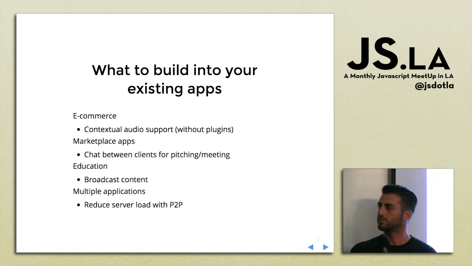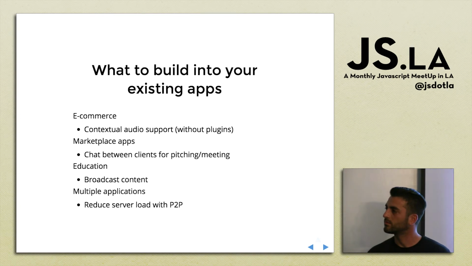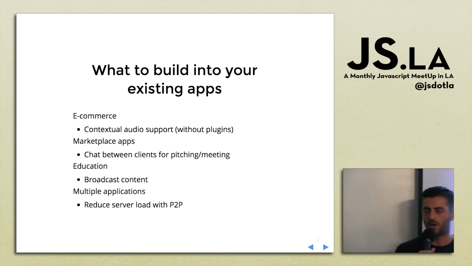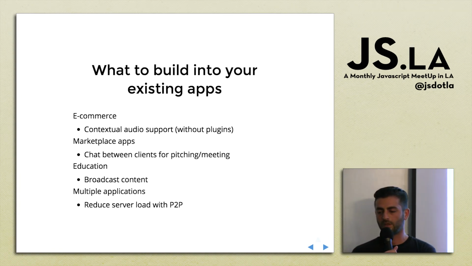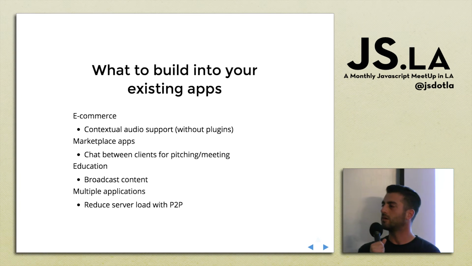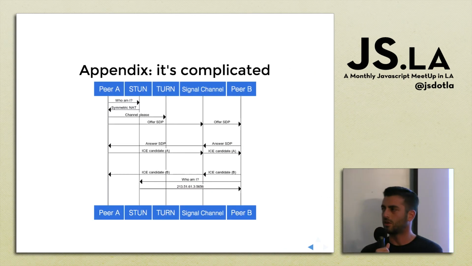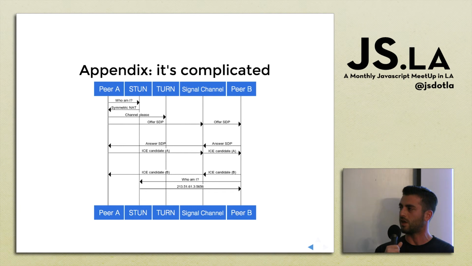It's more of a question about WebRTC in general. How does it work with both people NATted, with both people behind firewalls? It does work. It works with NATs by using STUN and TURN. If we go to the next slide, STUN and TURN is what handles these NATted systems.